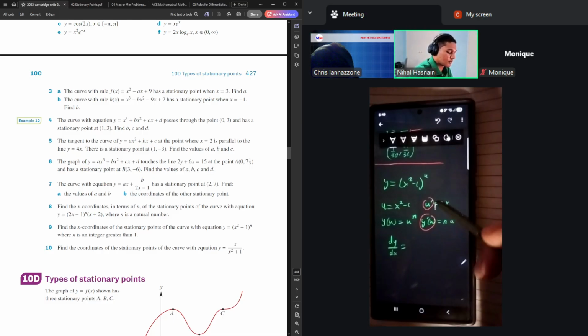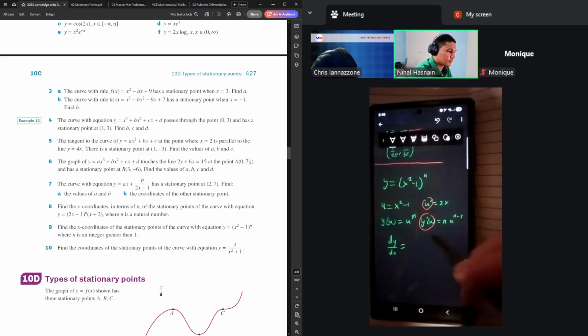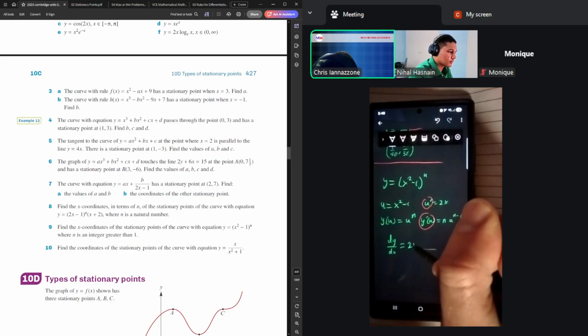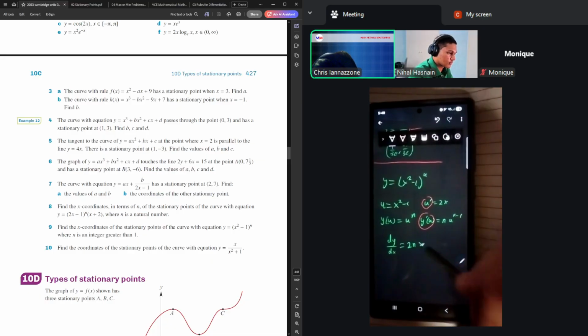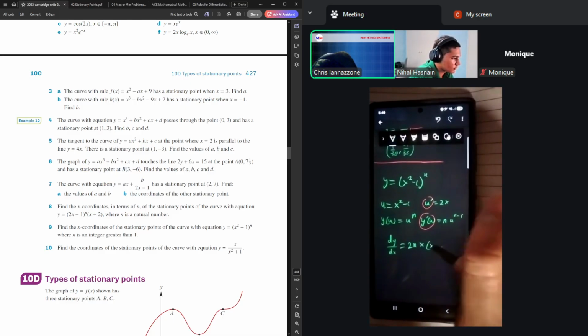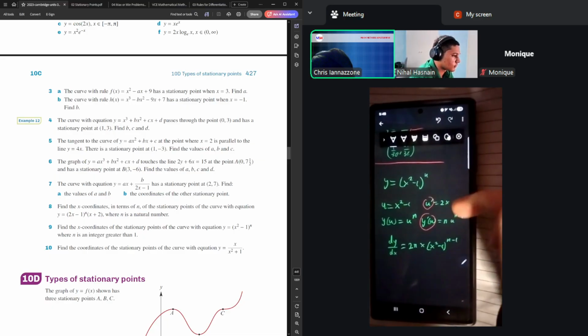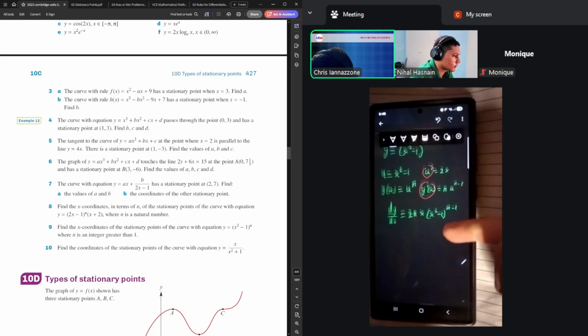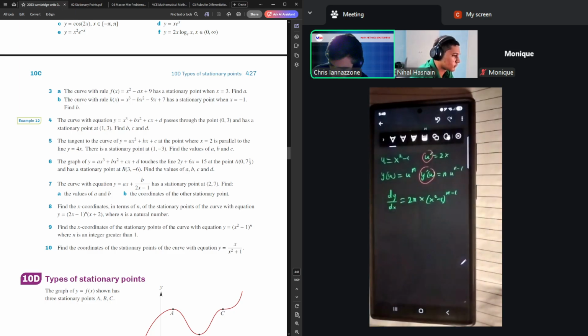Yes, you're right. So these two things that we have here are going to be multiplied together. So 2nx bracket u, which was x squared minus 1, and that was to the power of n minus 1. Sweet. Okay. So we have our derivative.